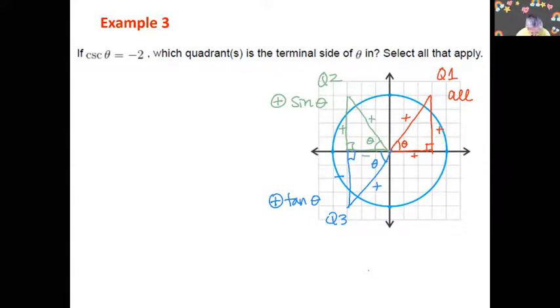Then the last one here is quadrant 4, and this will be the reference angle, and the right angle is right there. We've been working on quadrant 4, so we are already familiar. As you see, this is positive, this is negative.